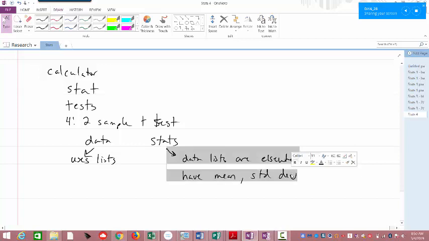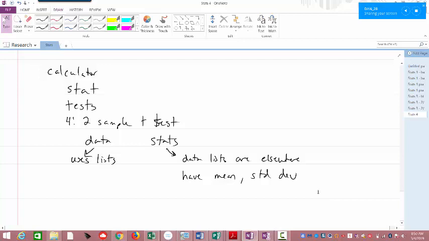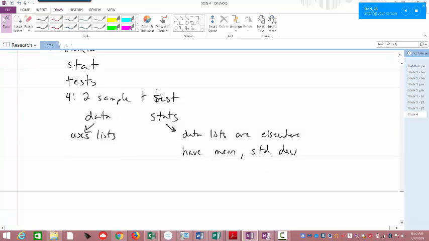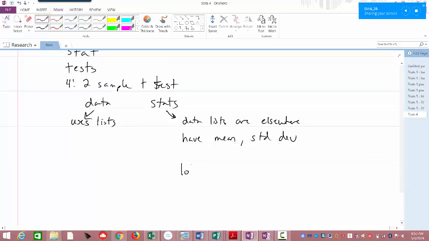It would be really good to use the stats if you have lots of data in Excel and you don't want to transfer the data to the calculator.